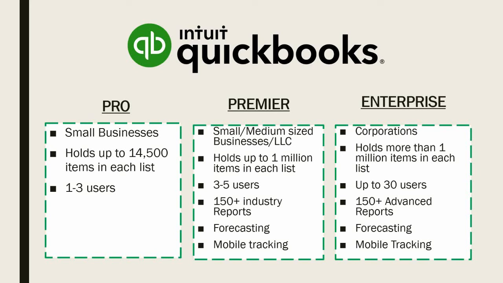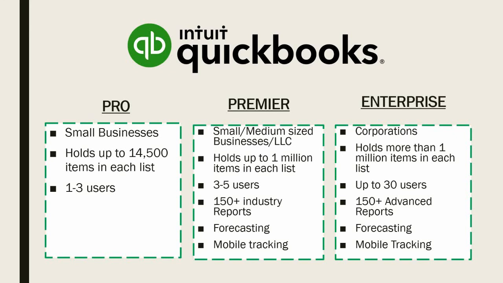Okay. And then Enterprise. Enterprise is meant for corporations or extremely large companies, right? And it can hold more than 1 million items, okay? So it's an almost infinite amount of items. And then it can have up to 30 users simultaneously.